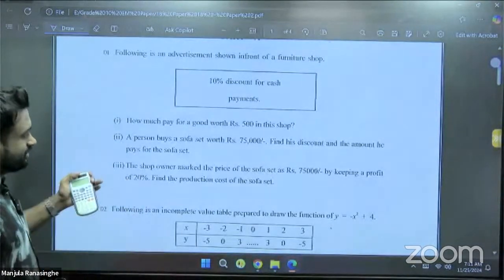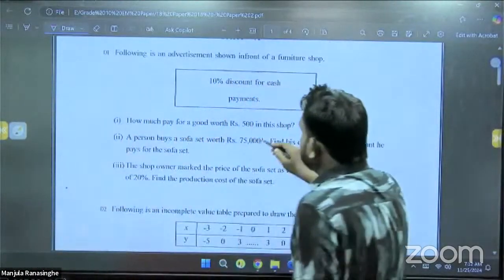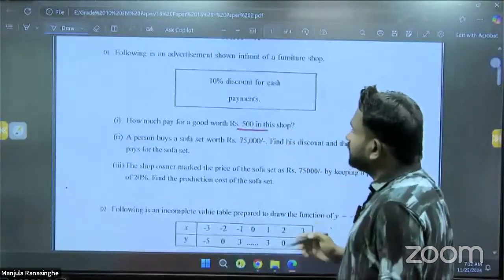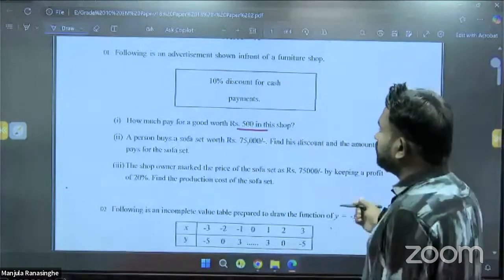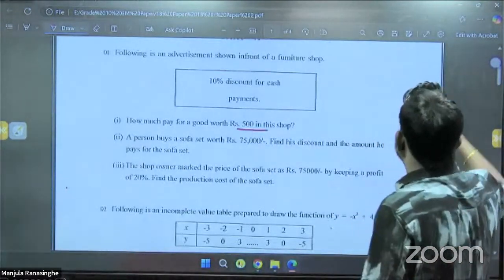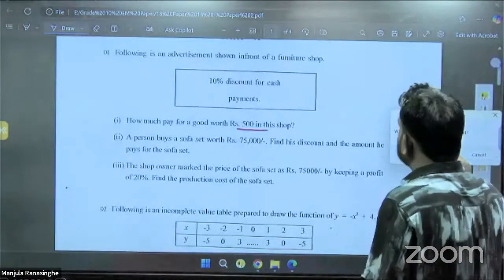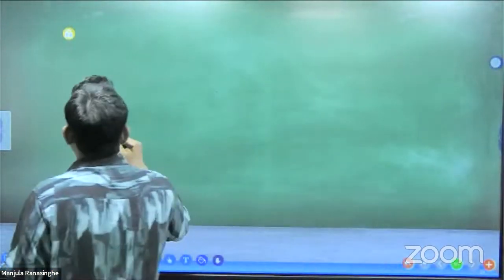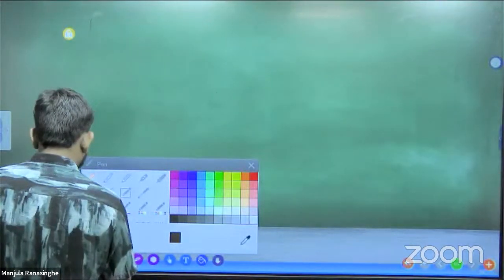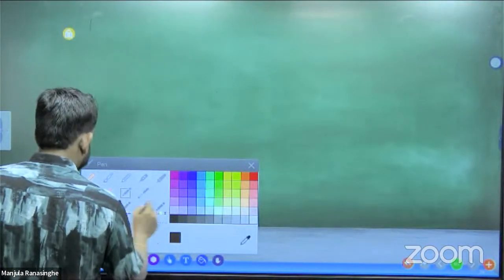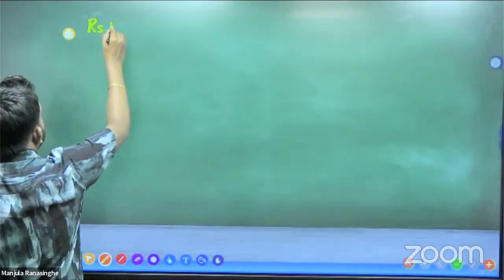So the first part I can do this way. How much do you pay for goods worth 500 rupees in the shop? So here, the value of the good is 500.